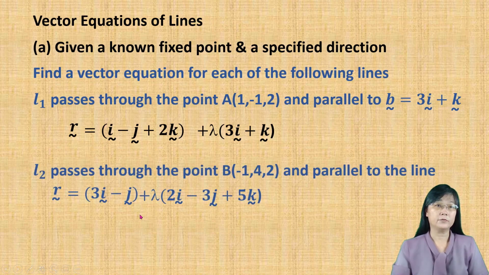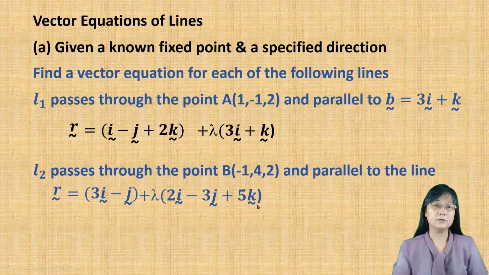Then for L2, L2 passes through the point B and is parallel to the line. Here the position vector of the point is given. Since the straight line is parallel to another straight line, from the equation of that other line we know that the direction is this one.